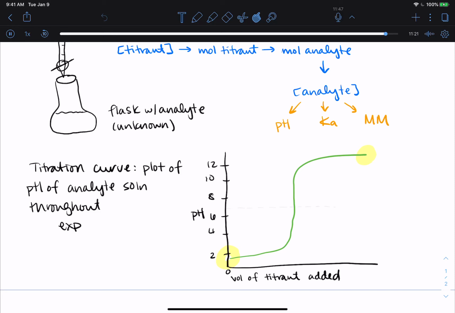The specific shape of this might feel a little bit weird, but I definitely started with an acid. I clearly went through, I neutralized this at some point, right? Because my pH of 7 is about here. So I crossed a pH of 7. So I actually really did make a neutral solution in this case. And I ended up with something that was basic after I had reacted all of my analyte.